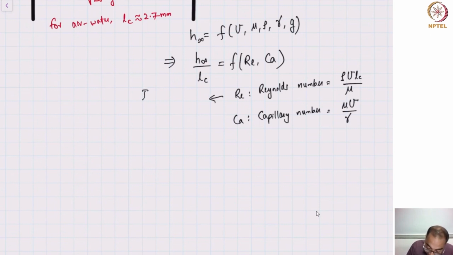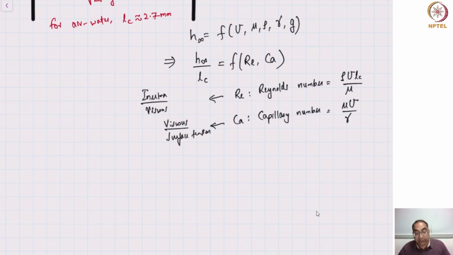So this Reynolds number is inertia to viscous forces, and the capillary number is viscous to surface tension. Note that if you think in terms of forces, there are three forces at play: inertia, viscous, and surface tension. And there's another force which is gravity, and gravity appears on the left hand side, and then inertia, viscous force, and surface tension will appear on the right hand side. This is the way we can think about it.